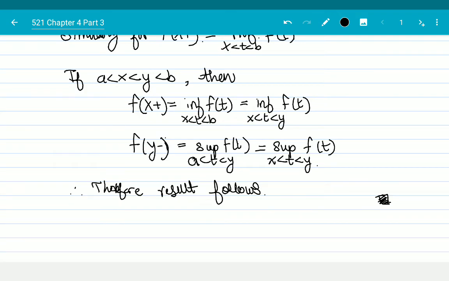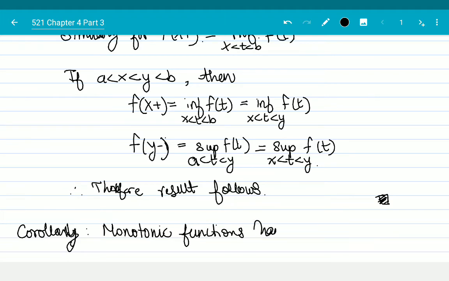An important corollary of this is: monotonic functions have no discontinuity of the second kind.